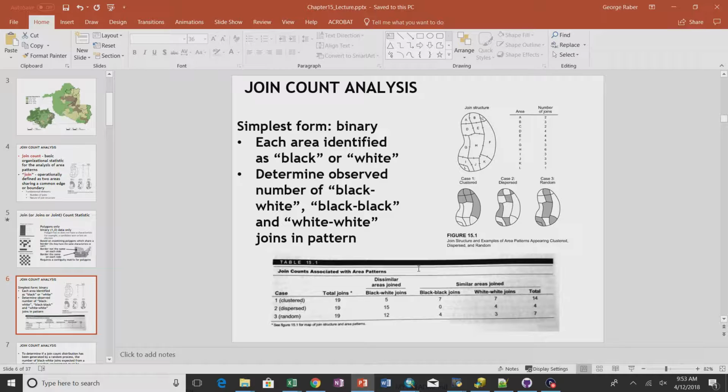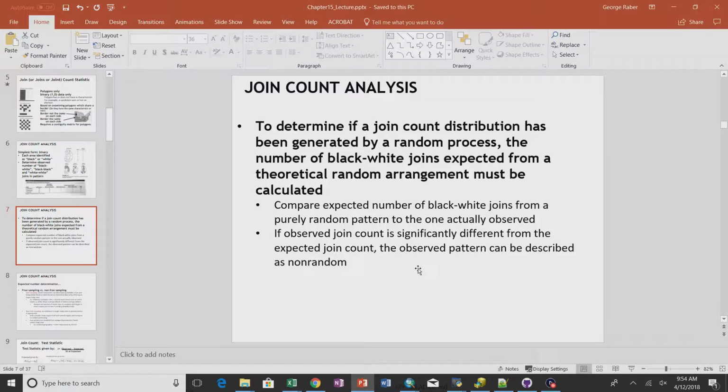That's the black-black and the white-white joins. Or they've got a mix, one of each, and that's what's referred to as a black-white join. So you get this contiguity matrix, and you can calculate the value for the joint count analysis.